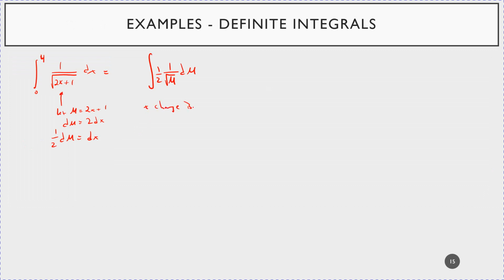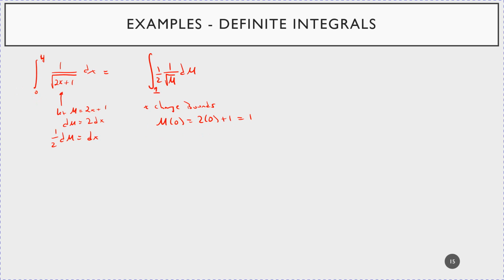So we're going to change the bounds. If you plug in 0, u of 0 is equal to 2 times 0 plus 1, which is 1. So this bound of integration becomes a 1.